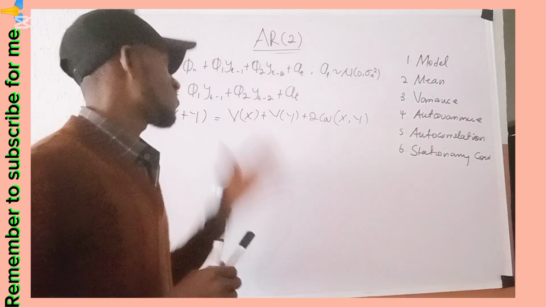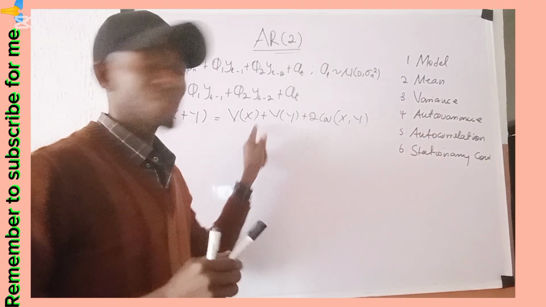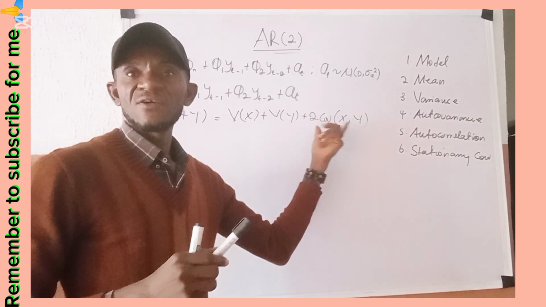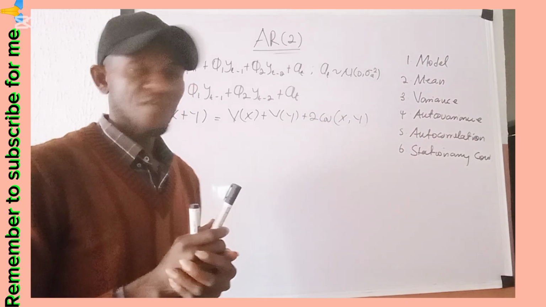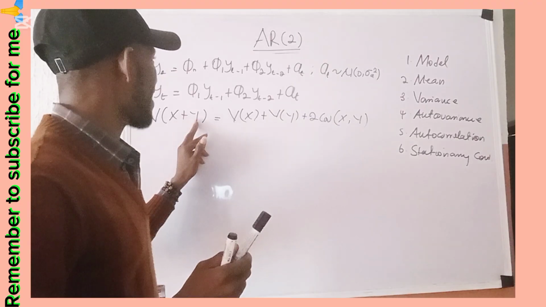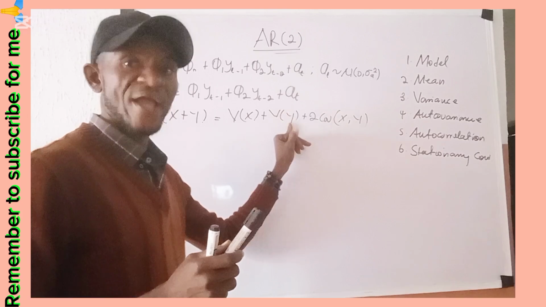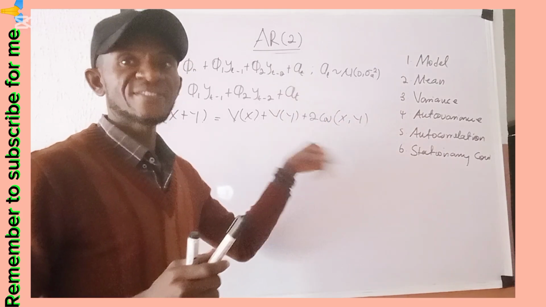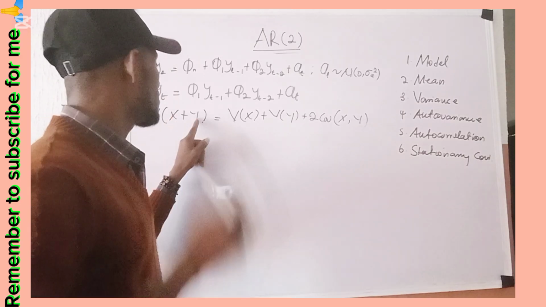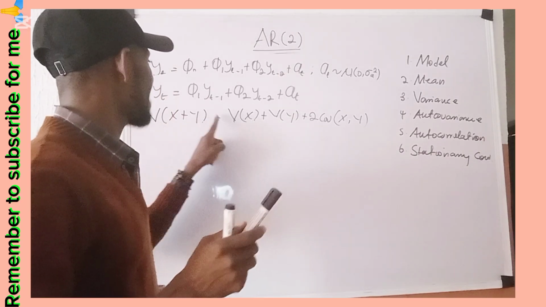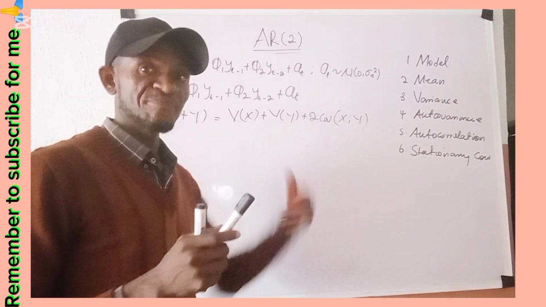We take the variance of the individual random variables before we consider the covariance of the pairs. Assuming I had x plus y plus z, I would take the variance of x plus the variance of y plus the variance of z, plus 2 covariance of x and y plus 2 covariance of x and z plus 2 covariance of y and z. By that, I've considered all the pairs.